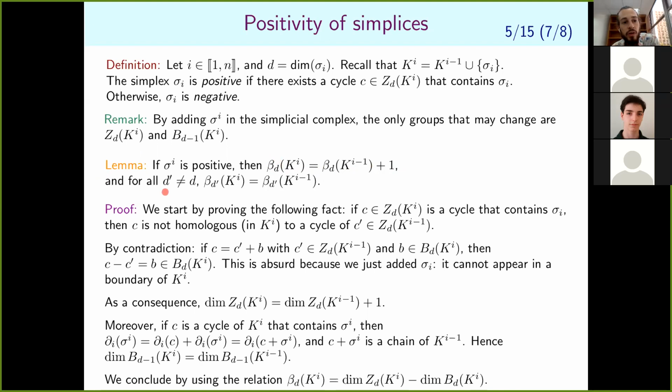And all the other Betti numbers remain the same. So adding a positive simplex to my simplicial complex creates a homology class, creates a homological feature of the dimension of my simplex. So let's prove that.